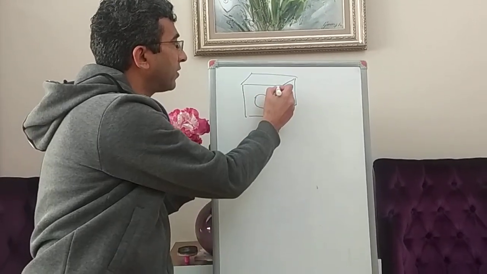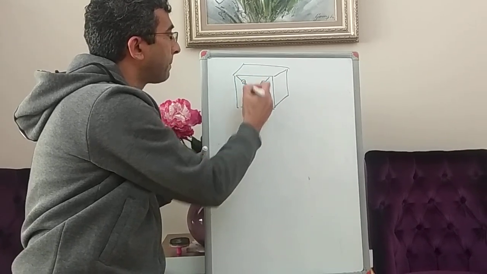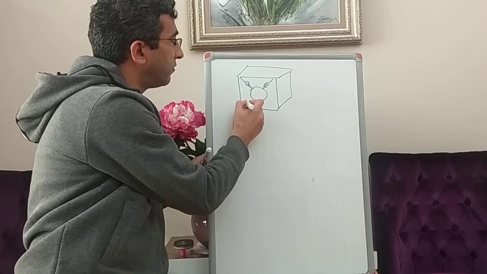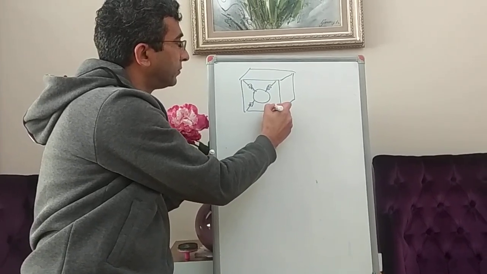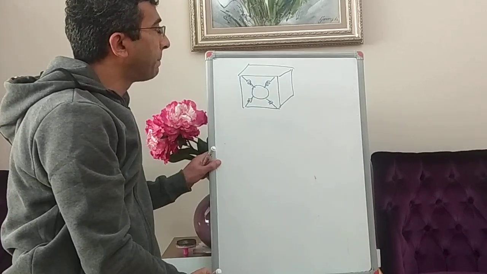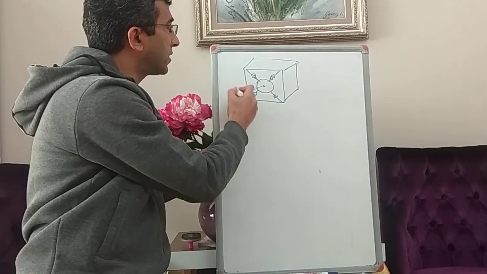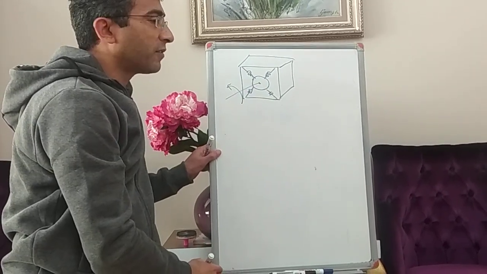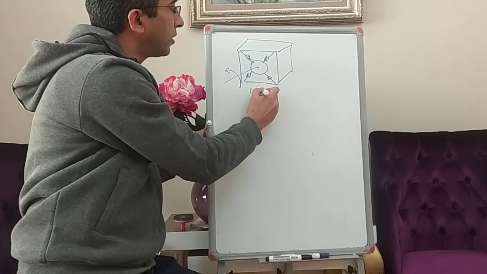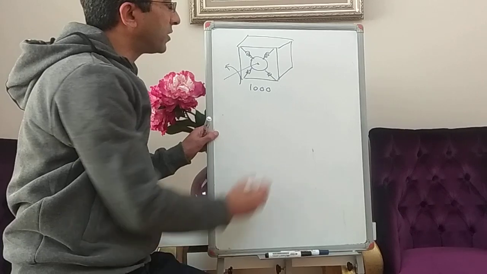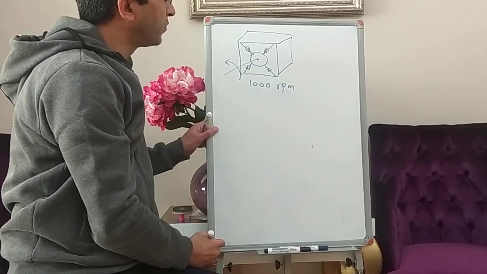The drum is usually hung by two springs, and there are two viscous dampers at the bottom. When the machine rotates with its maximum angular velocity, the engine usually has an angular velocity of 1000 revolutions per minute, or RPM.